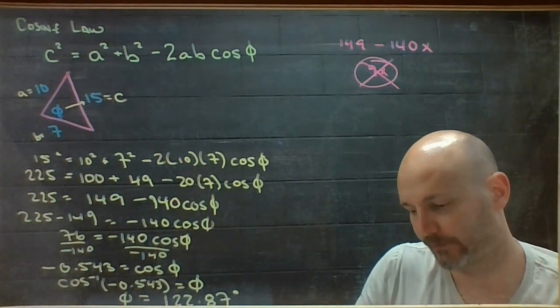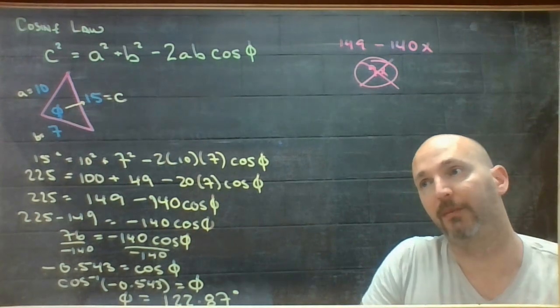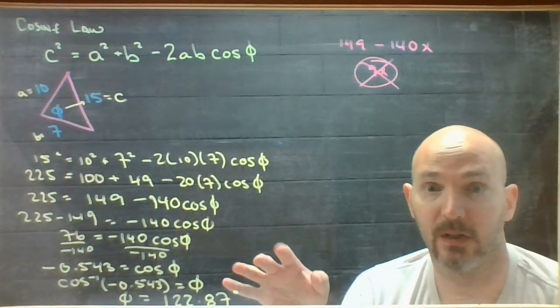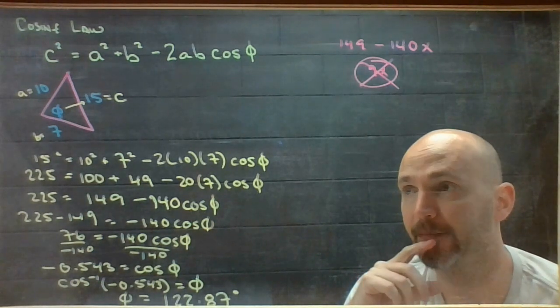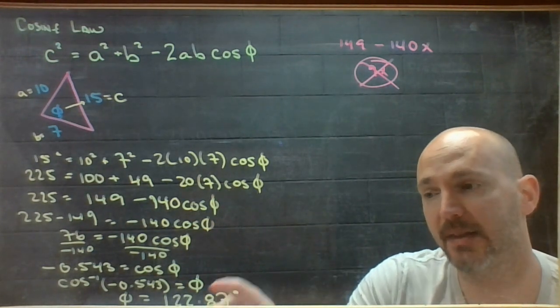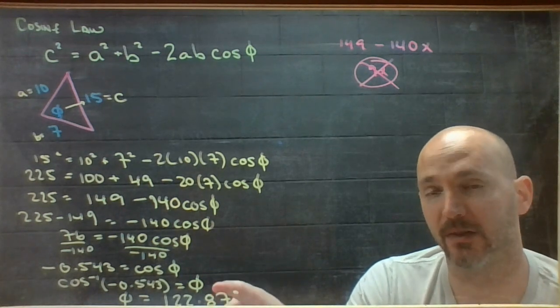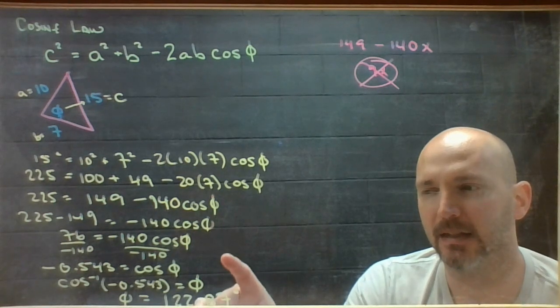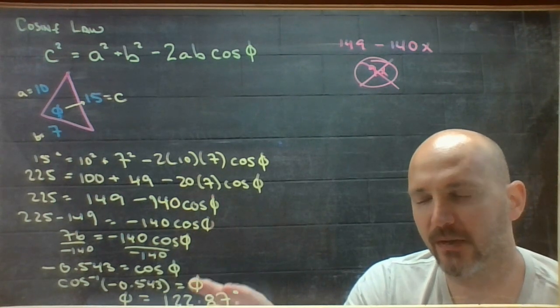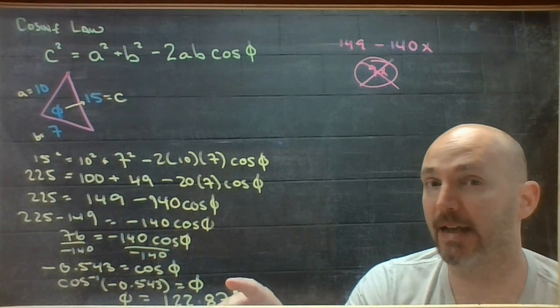Okay. So after doing all that, it's a good idea to sort of check your work. This is going to be the biggest angle in this particular triangle because the triangle's angles have to add up to 180.